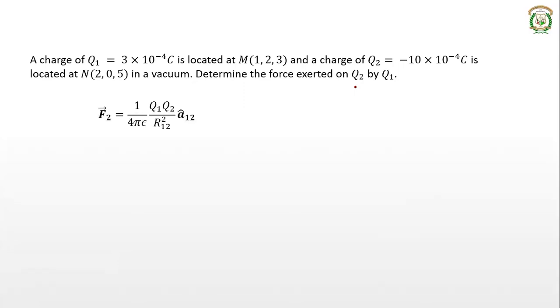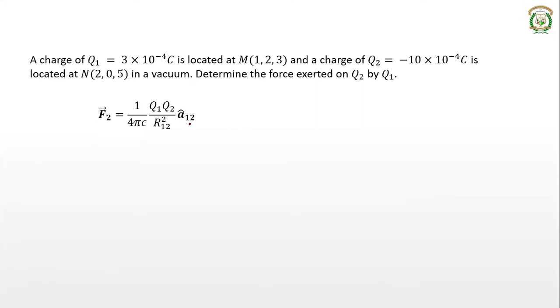So you know the Coulomb's law equation. First, you need to write the equation of Coulomb's law, that is vector F2, because you are finding the force exerted on Q2, that is equal to 1 by 4 pi epsilon into Q1 Q2 divided by R12 square into A12 cap.